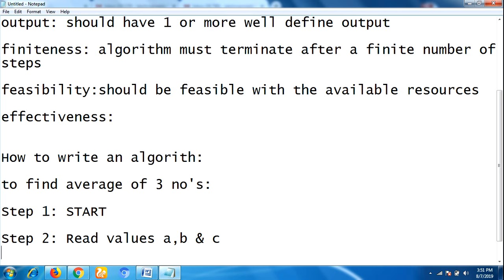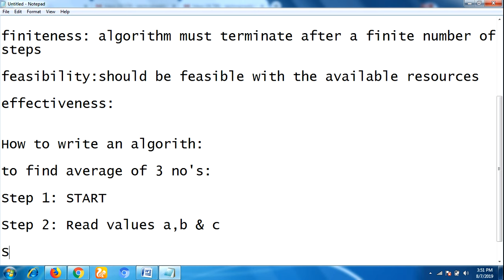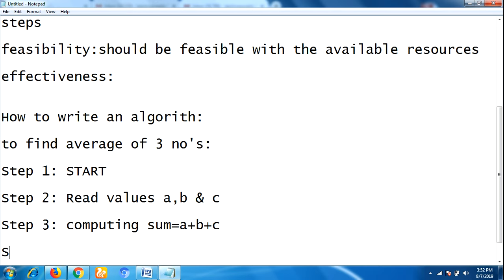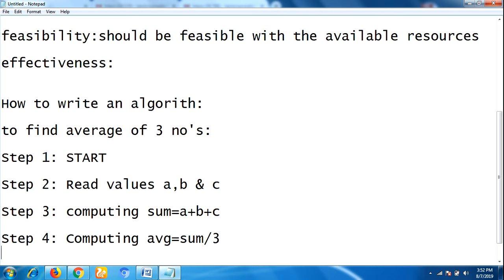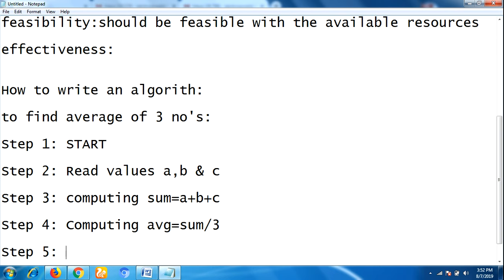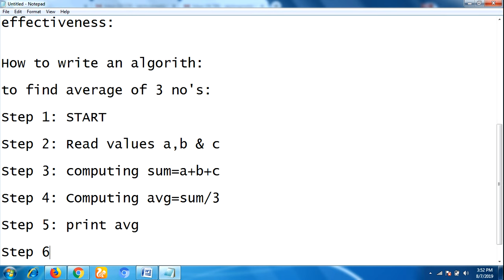Step three, compute sum as a plus b plus c. Step four, compute average as sum divided by 3. Step five, print average. And finally step six, stop.